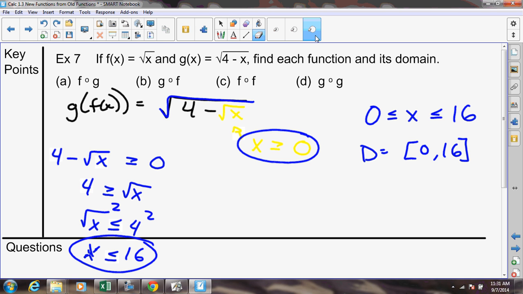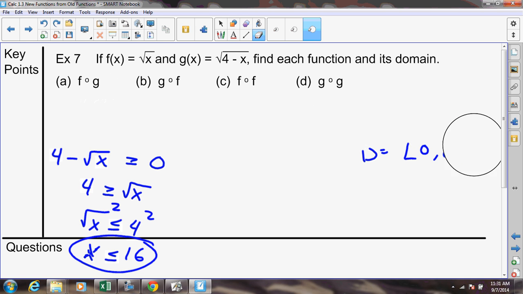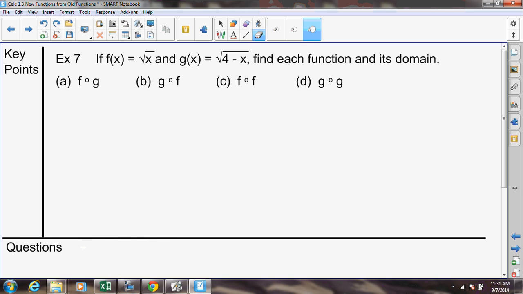I'll erase this, and we'll start problem C. Okay, C is f composed with f. So f of f, starting on the outside. I want to use yellow. It's a prettier color. I feel like yellow today. I don't know why. But we'll take absolute value of x. Everywhere we see the x, we will have to erase it and replace it with another f.